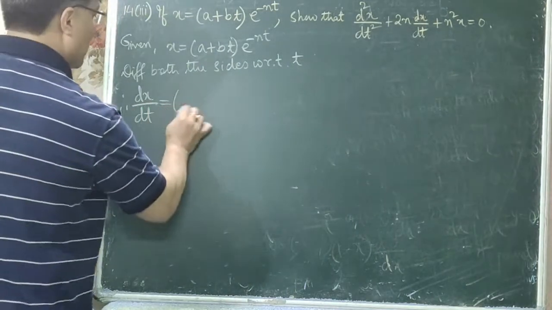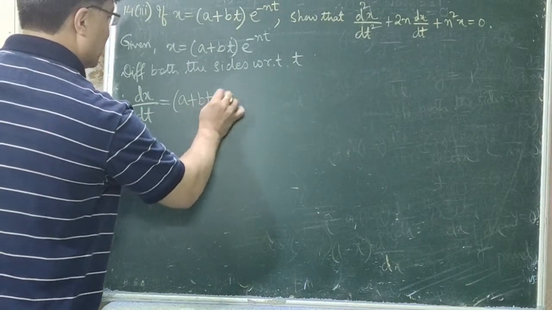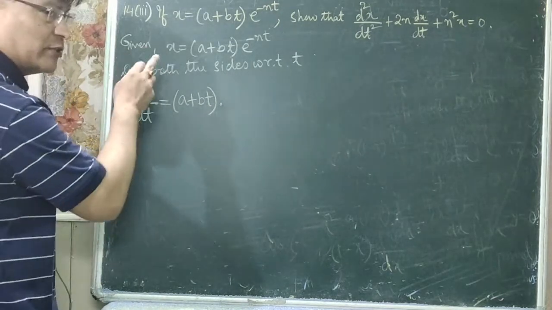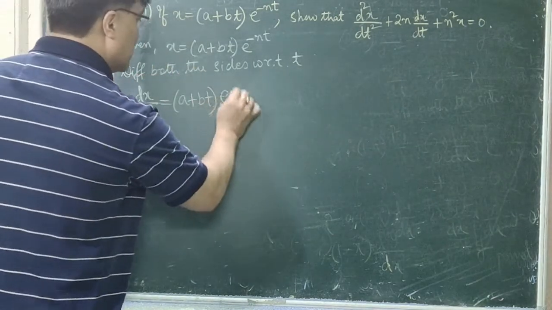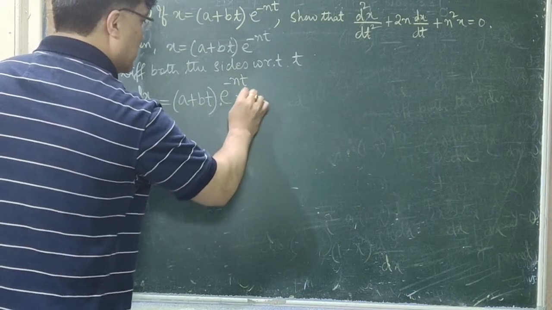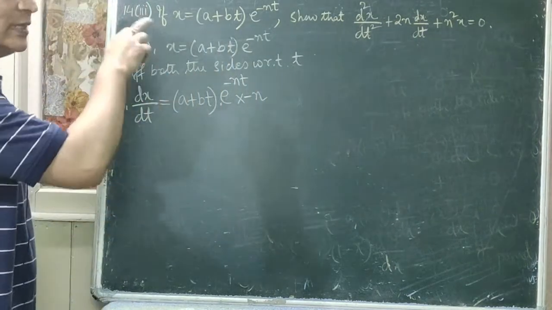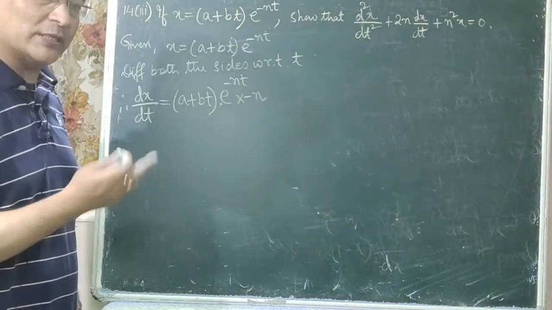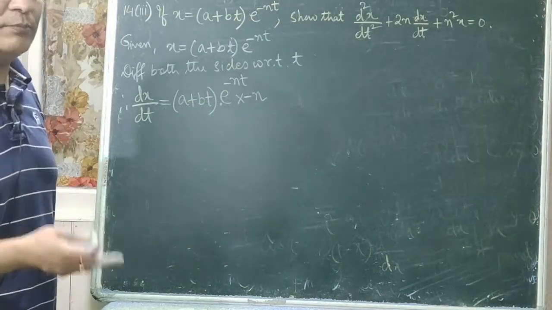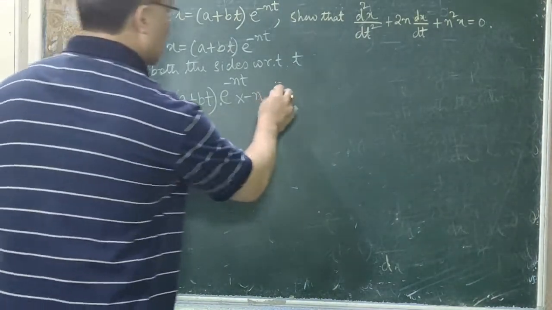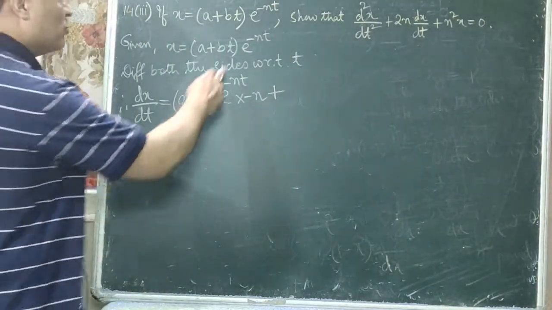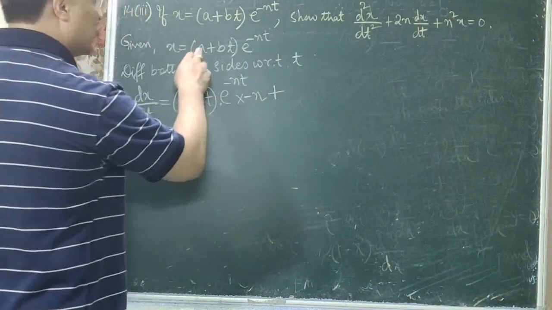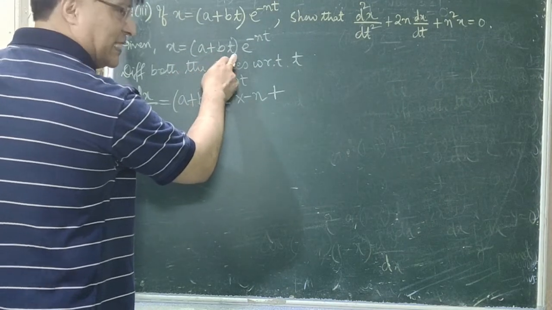Okay, so a plus bt is kept as it is into, now differentiate e to the power minus nt with respect to t. What is it? E to the power minus nt into minus n. Again differentiate minus nt with respect to t, which is equal to minus n. Now plus, now keeping e to the power minus nt as it is, take the differentiation of a plus bt.